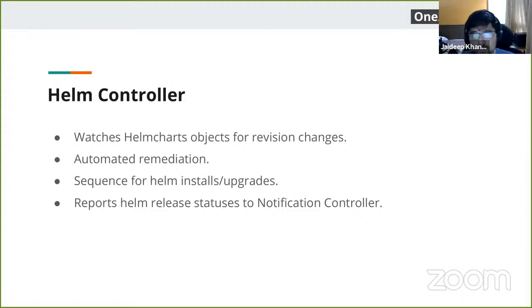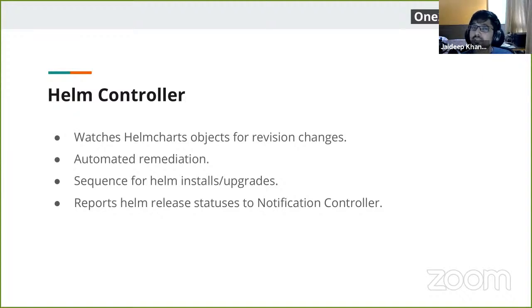Third is the Helm controller. One primary reason I will be discussing is that Flux has first-class support for Helm charts. So if you have existing Helm charts, you can utilize them and extend on top of your existing Helm charts using Helm controller. What it does is watch the Helm chart object for any kind of revision change.